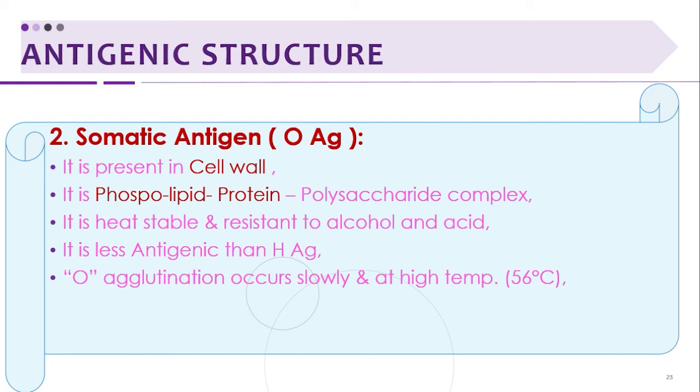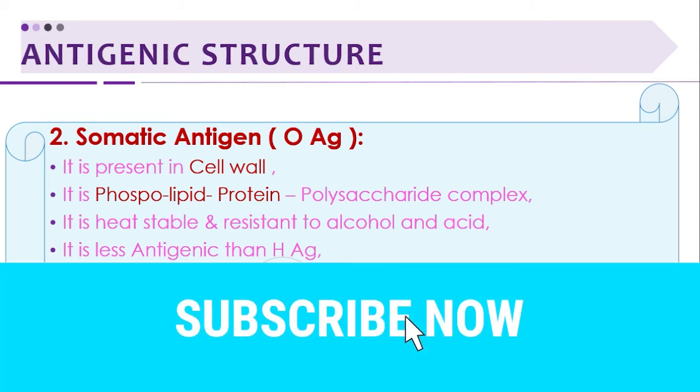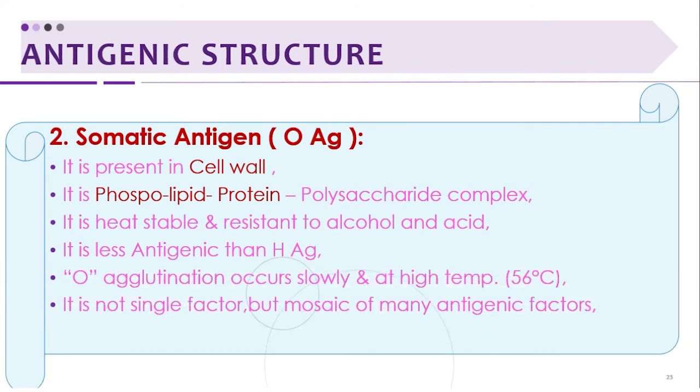And in this case also, when this antigen is mixed with the antisera, it forms a specific type of agglutination: granular clumps that are compact and chalky.